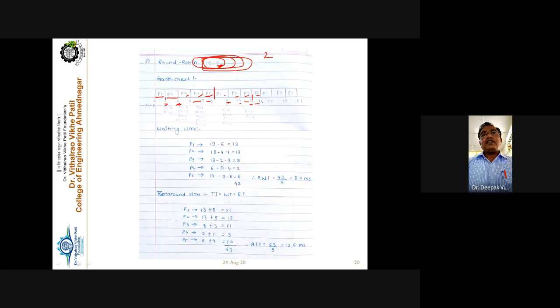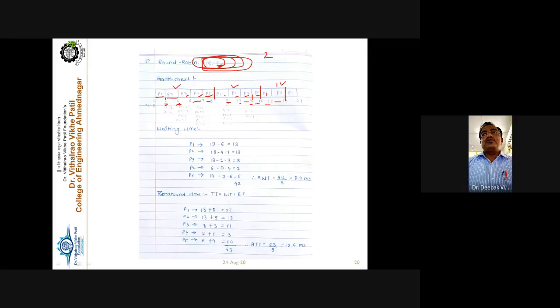Then at 16 you start the process P1 again for 2 milliseconds, then P2 again for 1 millisecond, because P2 requires 5 milliseconds. 2 is completed here for P2, so only one is required here. So 18 plus 1, 19, 1 millisecond. So 2 plus 2 plus 1, 5 milliseconds execution time for P2 is completed.